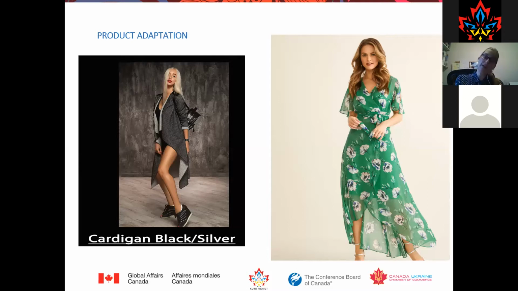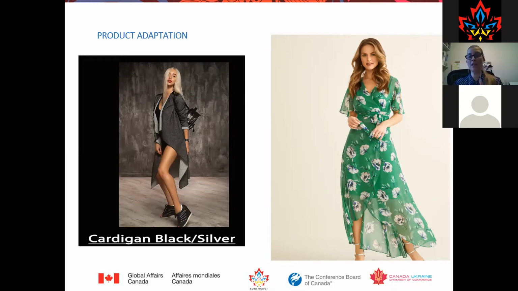On the left side, you have one beautiful model with a beautiful cardigan that was presented to one of my buyers here in Canada, and they were offended by the picture because it represents the idea of a woman in a different way than the buyer wants to see it. And that has to do with gender, because keep in mind that this is very important, the way you present your product using the woman figure.